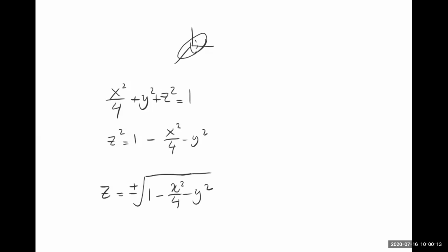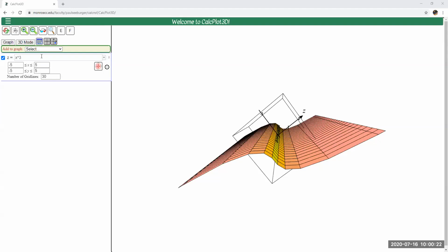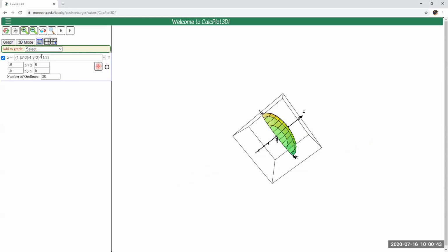We can look at the graph of this function too, to see exactly how it looks. So there are two parts. One is plus, one is minus. First, look at the plus part: the square root of 1 minus x squared over 4 minus y squared.